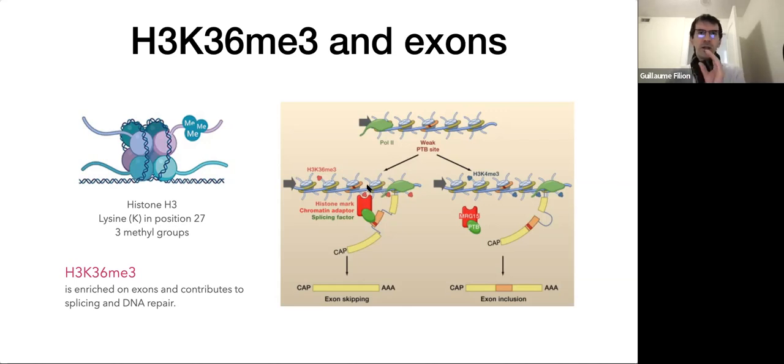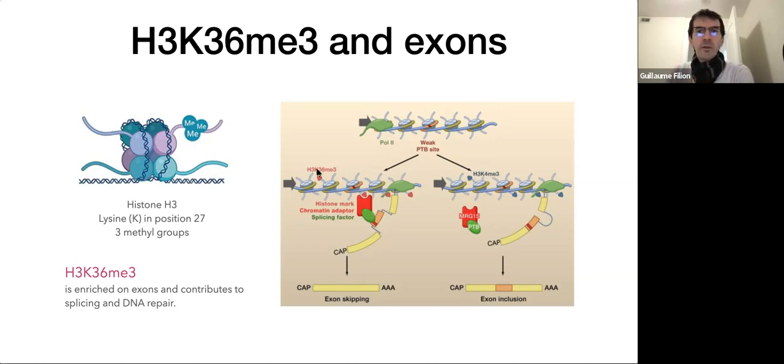That is really the critical factor. If you have a strong PTB site, splicing will happen, no problem. But if the site is weak, then it will rely on other signals like this H3K36 trimethylation to complete the splicing.